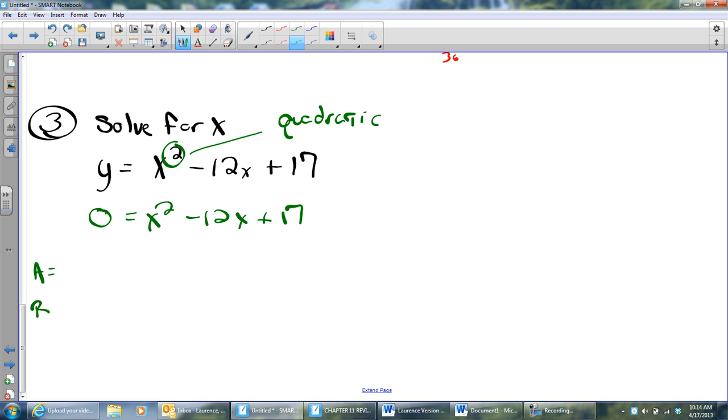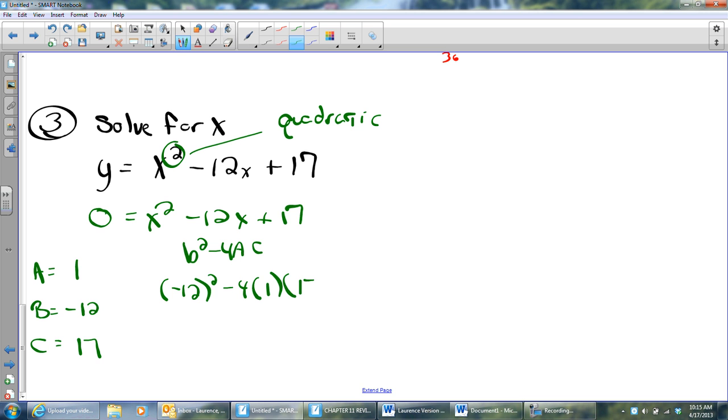A, B, C. If you wanted to do the discriminant first, you could to find out how many solutions. I'll tell you what, I'll do that just because it seems to be such a popular thing with you guys. I'll do the b squared minus 4ac. I won't be done when I do this. I'll just know how many solutions I have. So I'm going to get negative 12 squared minus 4 times 1 times 17.